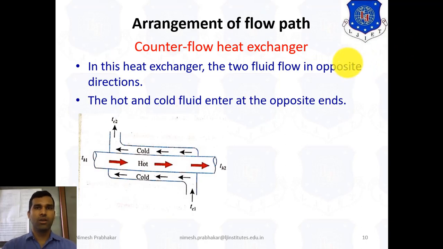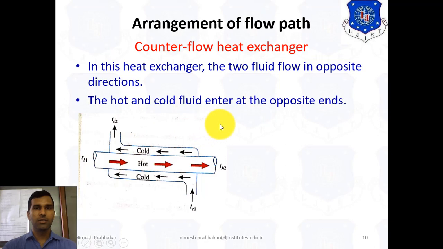See, this is the figure of a counter flow heat exchanger. In this figure, the direction of both fluids is opposite. Like hot fluid flows in this direction and cold fluid flows in this direction. So the direction of these two fluids is opposite.